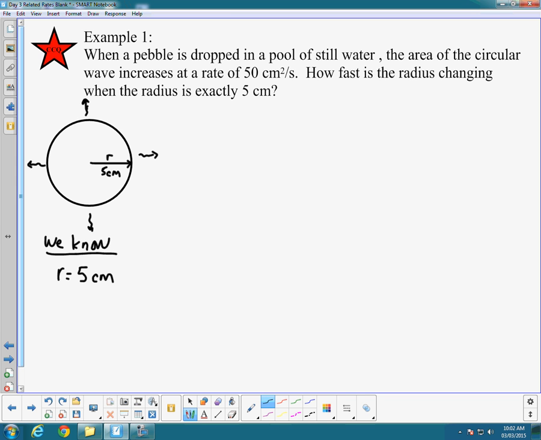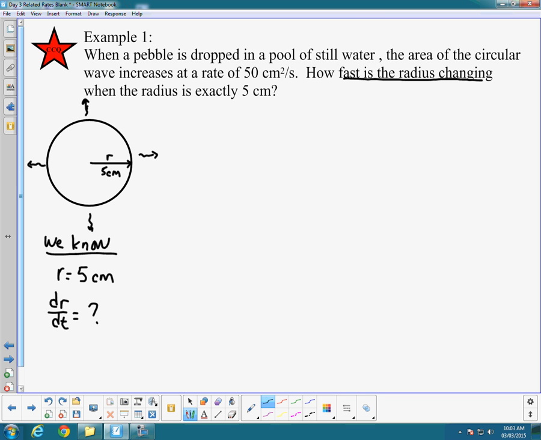So that's the derivative, and it's with respect to time. So that's the related rate. So we actually want to figure out dr by dt. That's how fast the radius is changing with respect to time. That's the question.